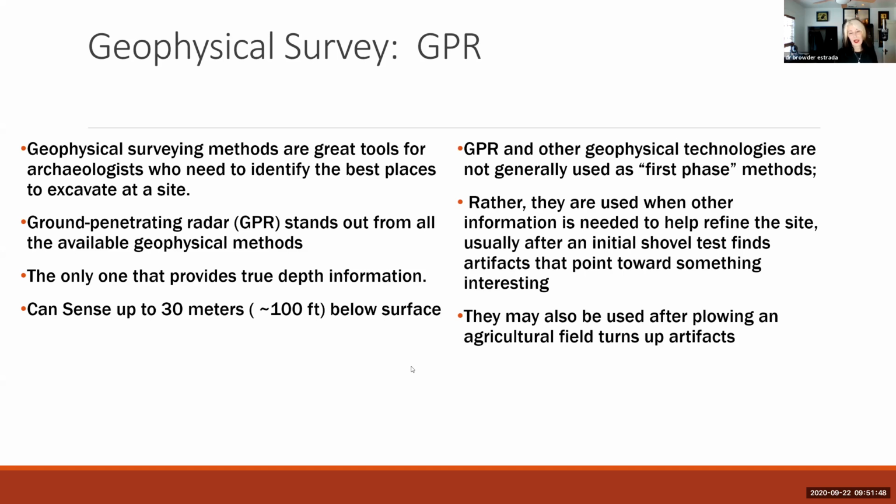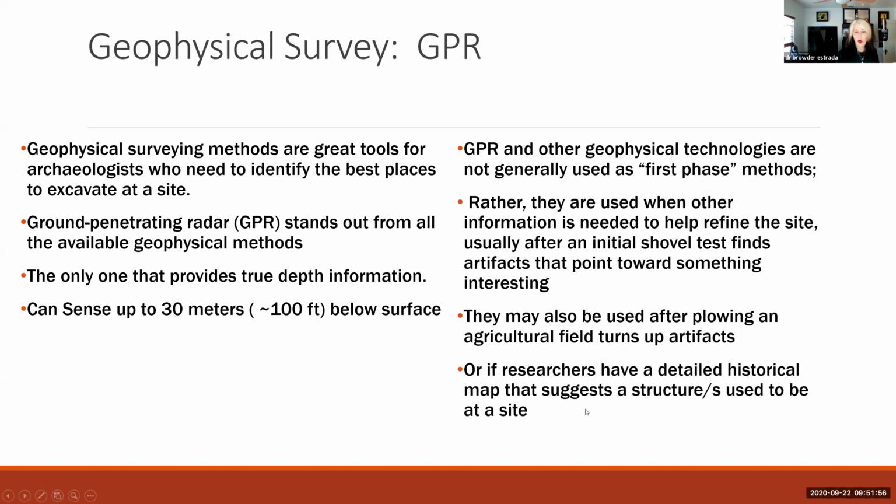So maybe it's agricultural and they've plowed or run something over the surface, and now you're seeing artifacts right up on the surface. Or a lot of times GPR can help us refine what's going on when we have a very detailed historical map that suggests what structure or structures used to be at the site.